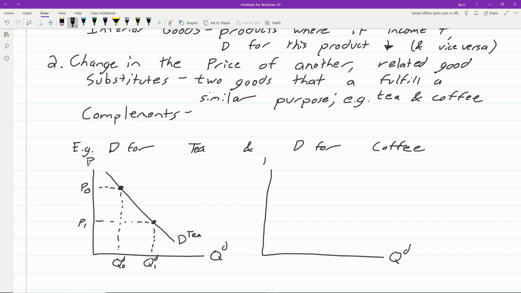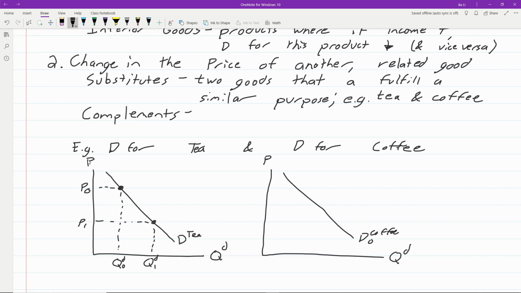Now, let's consider how this might affect the demand for coffee, though. So, this is the demand for coffee. Now, since people are buying more tea, and since tea is a good substitute for coffee, since they're pretty similar and they fulfill similar types of purposes.